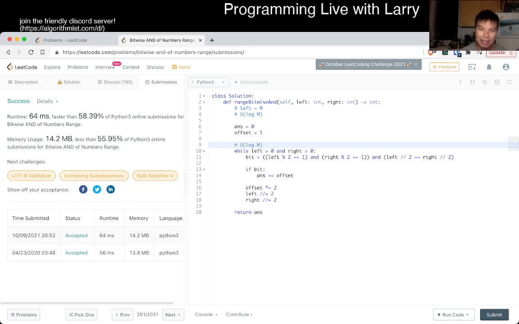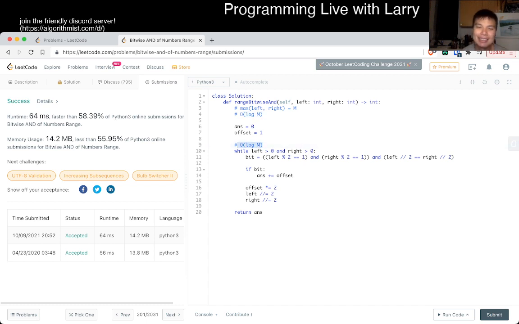Let's say left, whatever, something like this. It doesn't really matter. I know that right is actually bigger than left, but I'm being a little bit lazy here. But yeah, this is linear time because log m is the size of the input, and this takes log m time.